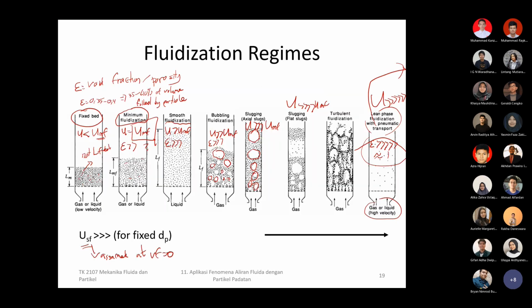So hopefully you're not distracted by the fact that there are 7 regimes in fluidization. Actually, for you, the minimum fluidization velocity for all of these 7 regimes is still the same formula. So you still have one UMF formula for all regimes.